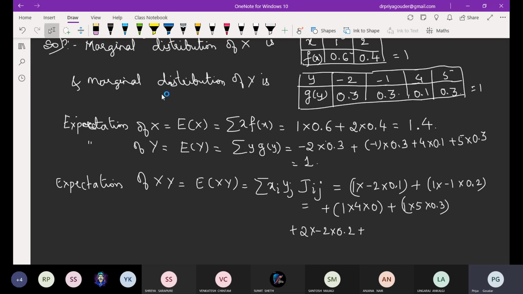Plus, tell me the next combination. 2 into minus 1 into 0.1. Next, 2 into 4 into 0.1. 2 into 5 into 0. Do all the calculation, tell me the answer.